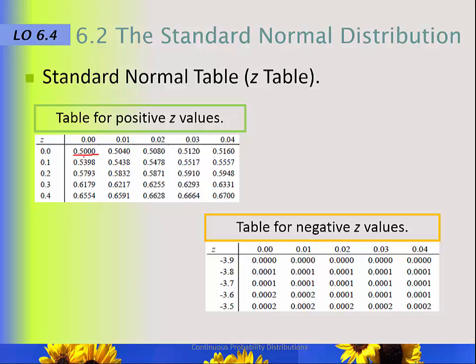If we go to the other end of the distribution, so here we've got negative values, so here we're at negative 3.9 standard deviations, we are talking about being way out on the tails of that normal distribution. So there's pretty close to a 0% chance that something like this is going to occur.